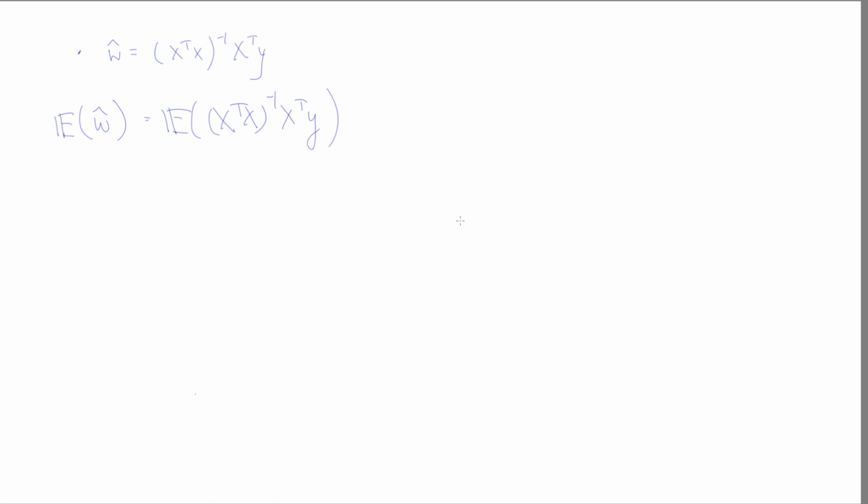How do we take the expectation of this thing? This looks pretty scary. Well, let me just show some rules here. We just said that the expectation of 2z, if z is a random variable, is just equal to 2 times the expectation of z.